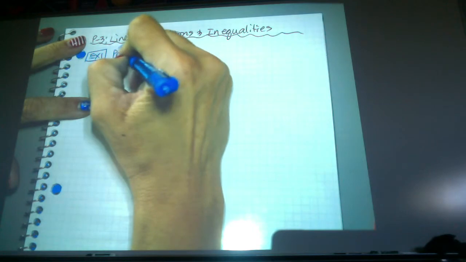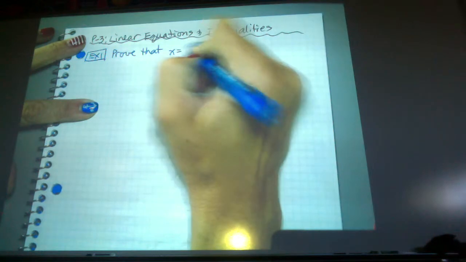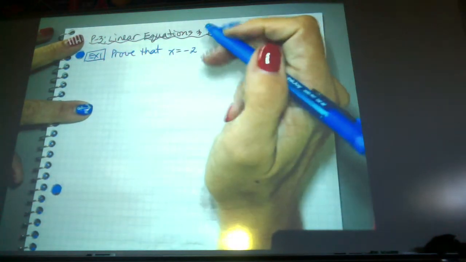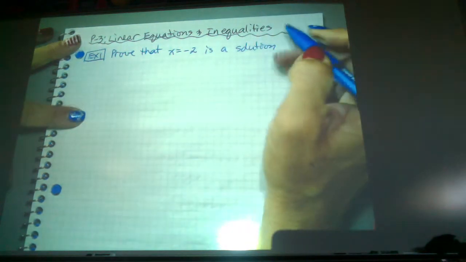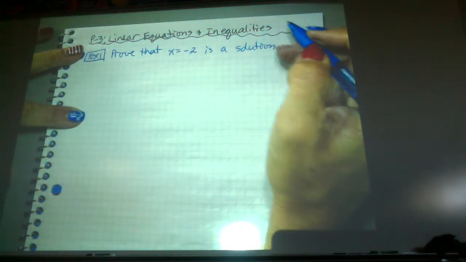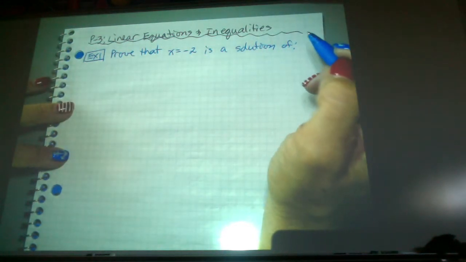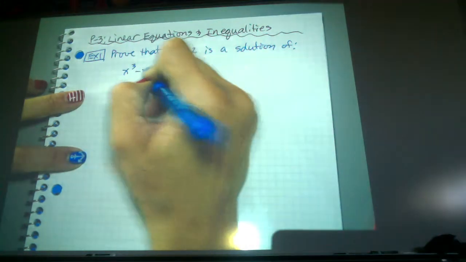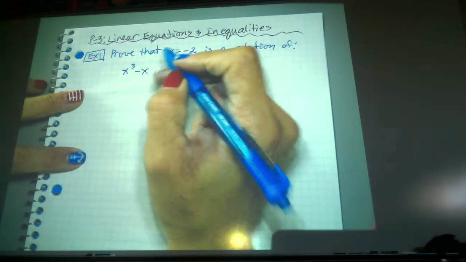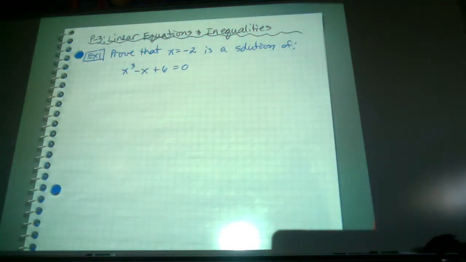Prove that x equals 2, or x equals negative 2, is a solution of x cubed minus x plus 6 equals 0. So what are you going to do to prove that?